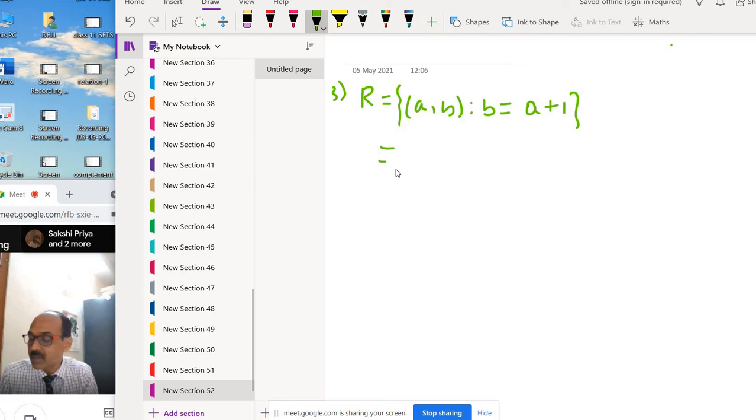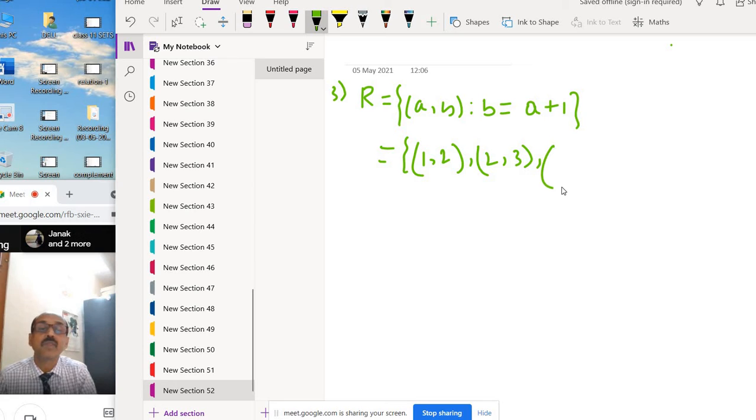So take first a equal to 1. If you take a equal to 1, then b equal to 1 plus 1 is 2. So (1, 2). Take a equal to 2, then b equal to 3, so (2, 3).